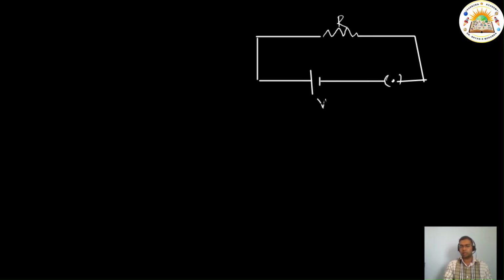So this is R, this is V. The force needed for an electron of charge 1 coulomb to go around the entire circuit, to complete the track around the circuit, is called the EMF.